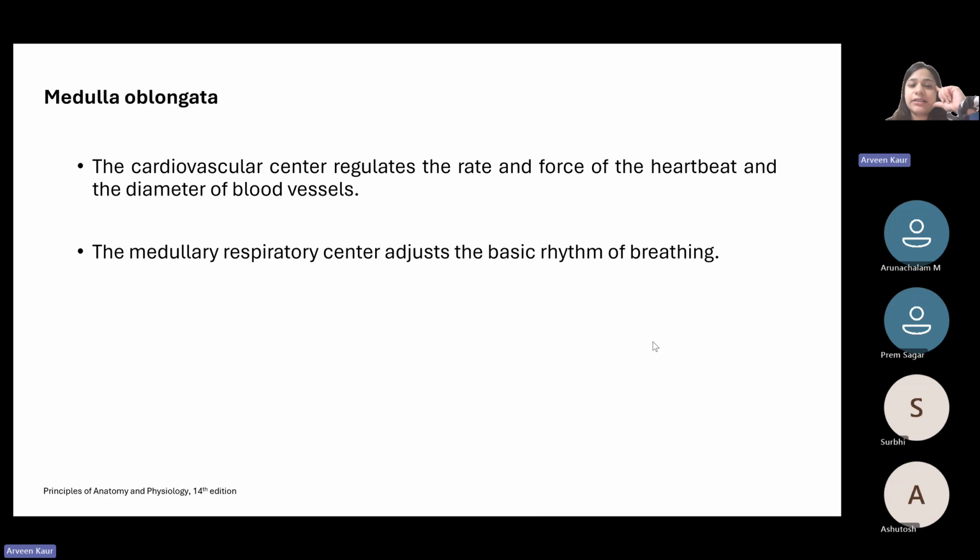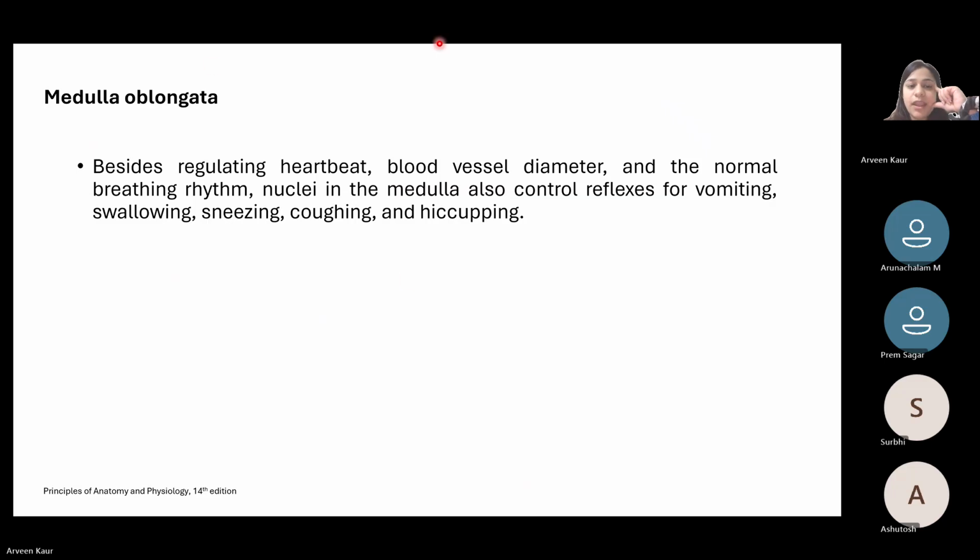The cardiovascular center regulates the rate and force of heartbeat and diameter of the blood vessels. And the medullary respiratory center adjusts the basic rhythm of breathing. Besides regulating the heartbeat, blood vessel diameter, and the normal beating rhythm, nuclei in the medulla also control reflexes for vomiting, swallowing, sneezing, coughing, as well as hiccuping.